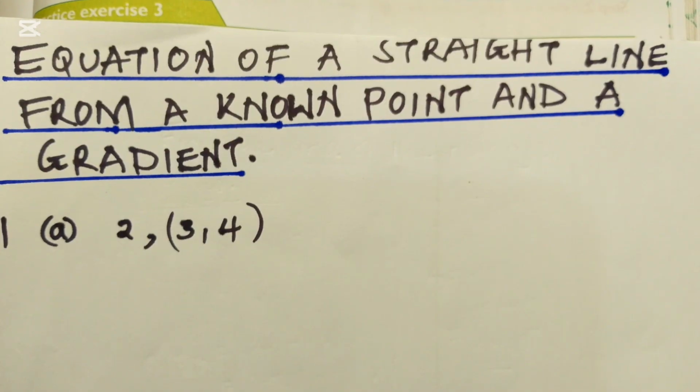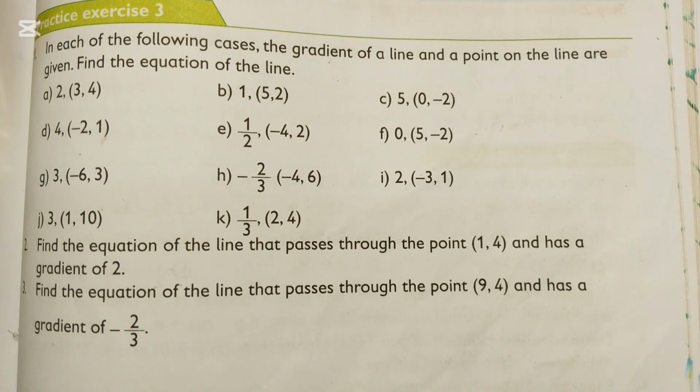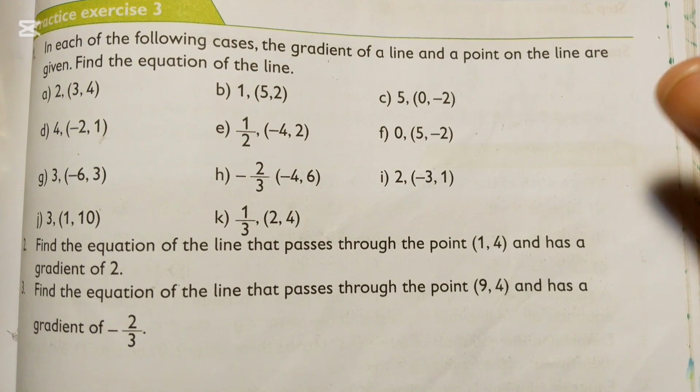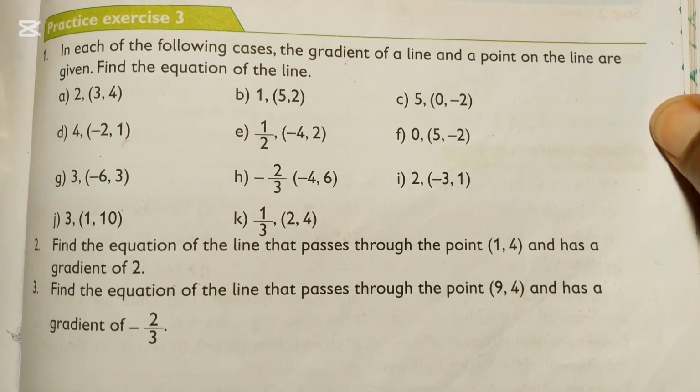So what do we do to get the equation of a straight line? I've decided to work out 2 questions from part 1 of this exercise, then I'll also work out question 2.